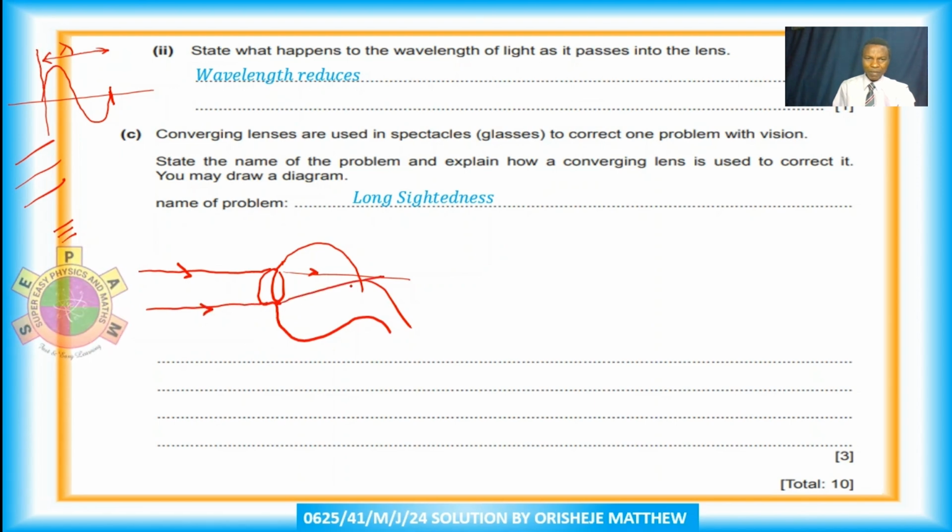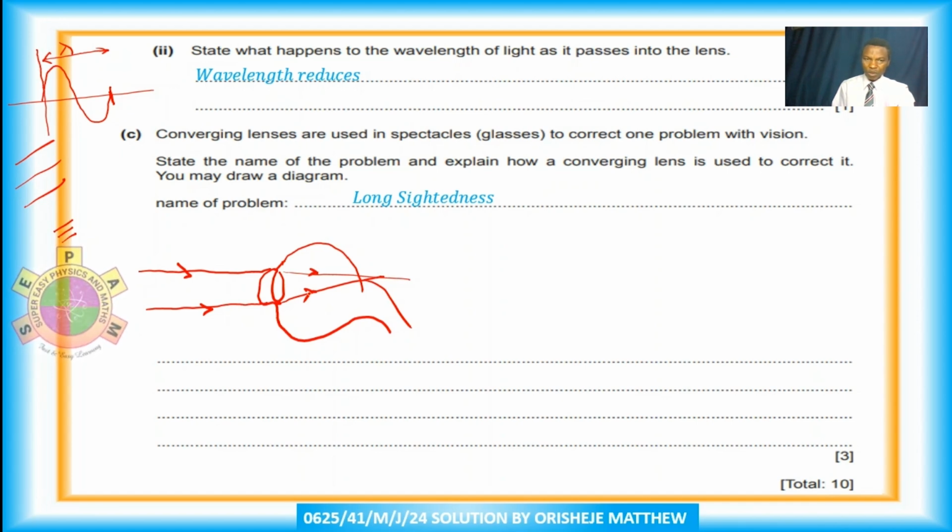The major problem here biologically is that the eyeball is too short, or the focal length of the natural lens in the eye is too long, so it focuses images of close objects behind the retina.